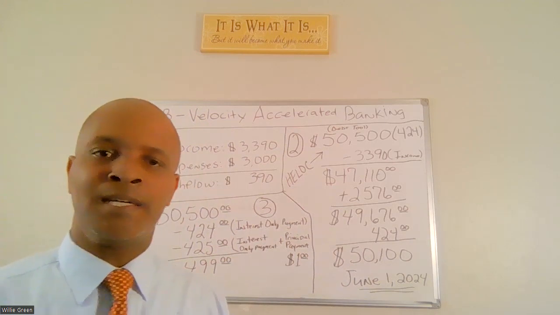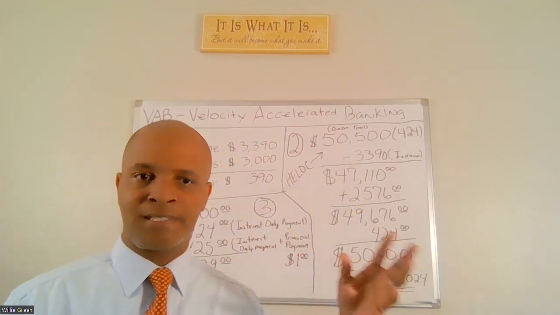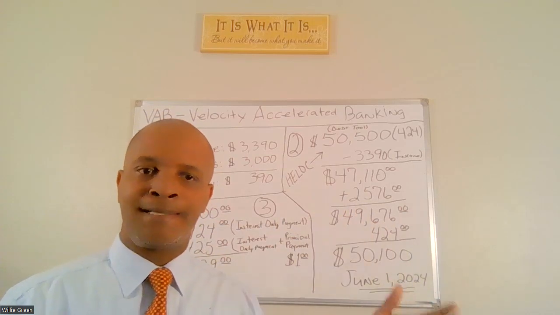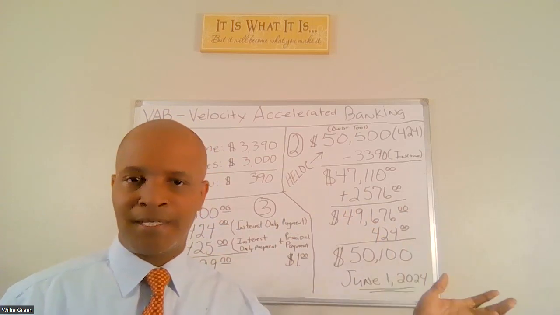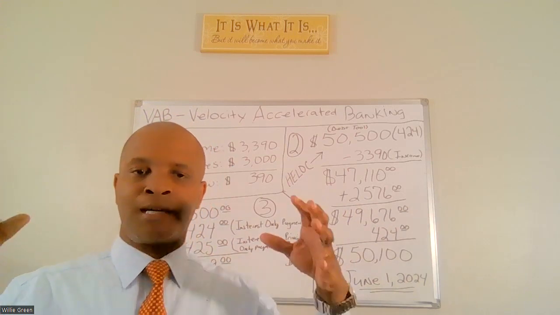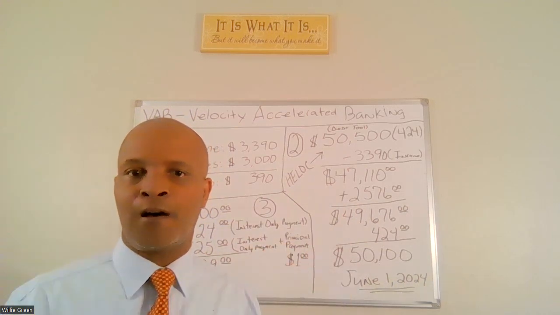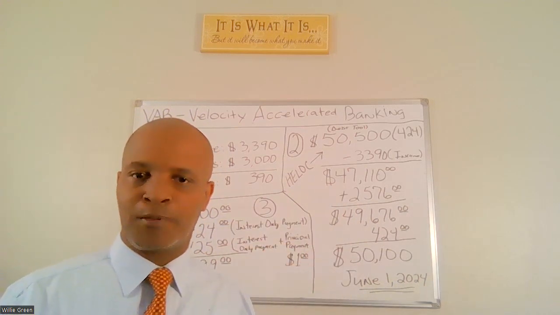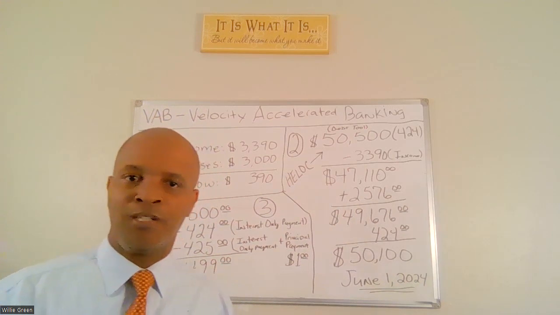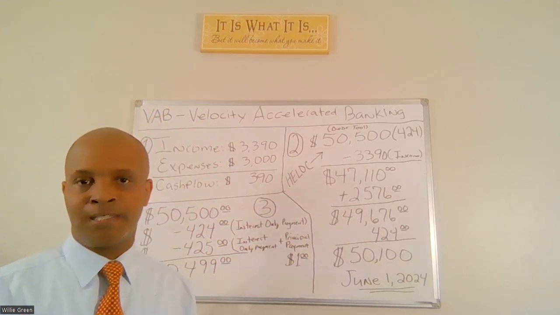So today, still working with the term VAB, or Velocity Accelerated Banking. VAB to me is a concept that I've developed as a result of working with practices and principles and ideas from the Velocity Banking camp and the Accelerated Banking camp, putting the two together and seeing how they work. And I've run a number of real world usages out of them in terms of using my own debt in general.